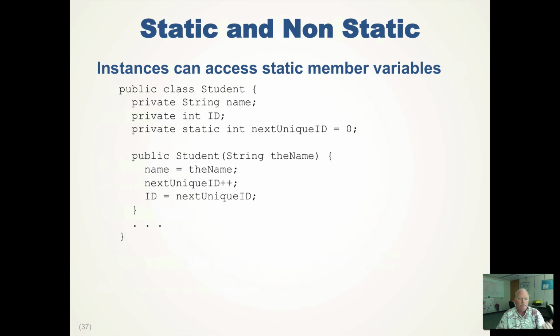And therefore, every student will have a unique ID as long as we have a single threaded program. If we have multiple threads, the two threads might go through the constructor at the same time, and you have a race condition, and you may get them both getting the same ID. But don't worry about that. That's later on in several years or several more classes when we talk about threads.